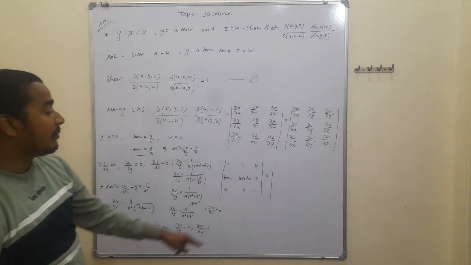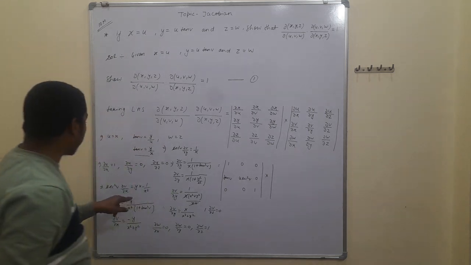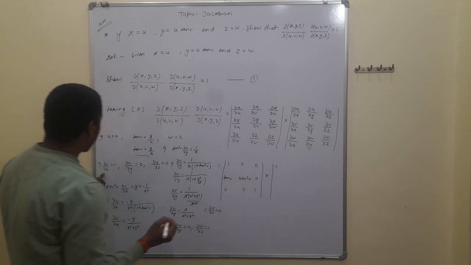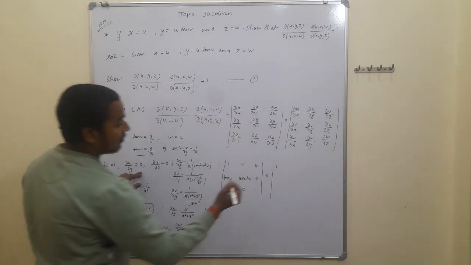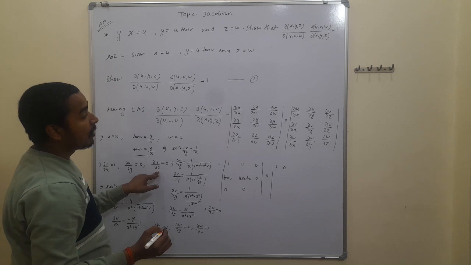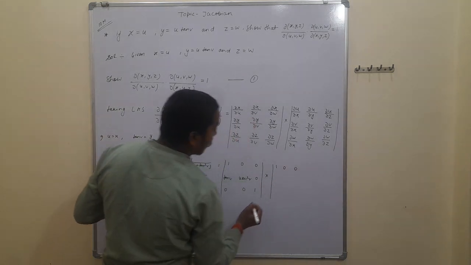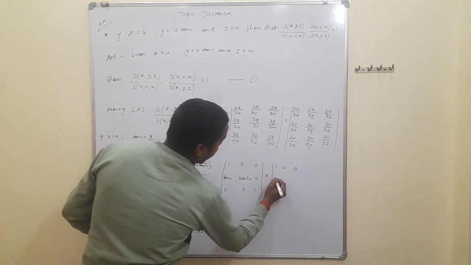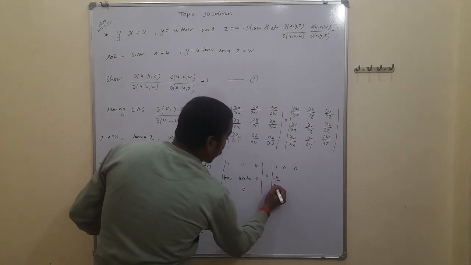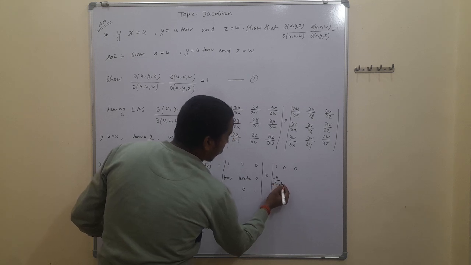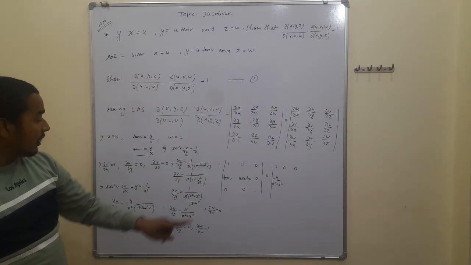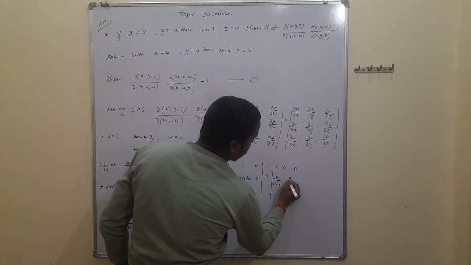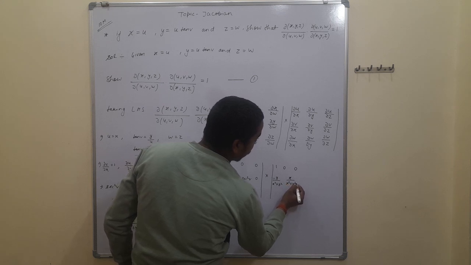Put in the values of the above determinant, that is del u upon del x is 1, and del u upon del y is 0, and del u upon del z is also 0. Further, del v upon del x is given by minus y upon x square plus y square, and del v upon del y is given by x upon x square plus y square.